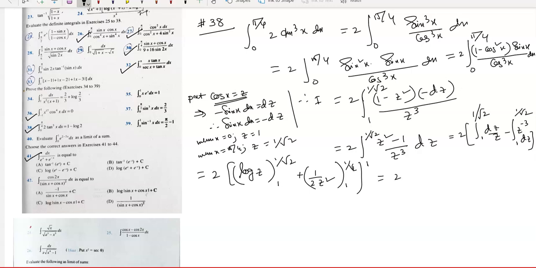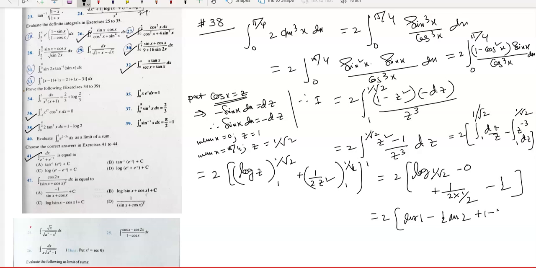So this changes to 2 into this, plus, you put minus half. This you write log 1 minus half log 2, half minus half log 2. So the answer is going to be 1 minus log 2. Okay.